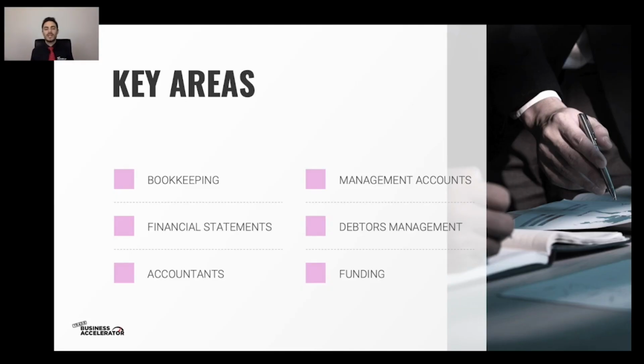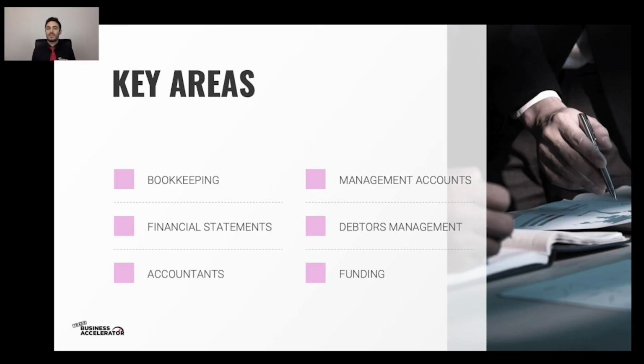So this is going to give you an idea of the cash that you can expect to come into your business and the cash that's going to be going out of your business, to give you a liquid perspective of where you're sitting in terms of money at any given point, so that you can predict in the future if you're going to have any pinch points or struggles when it comes to cash flow within your organization, which is different to profit and loss. You can be a profitable company with negative cash flow, and that's an area that we'll be looking at when we get to the financial statements section of this module.